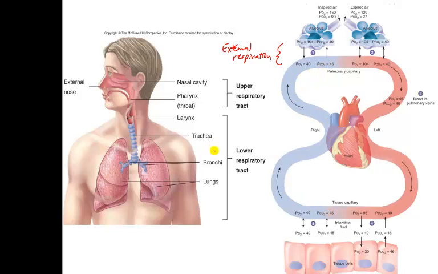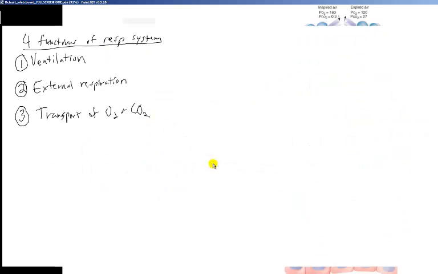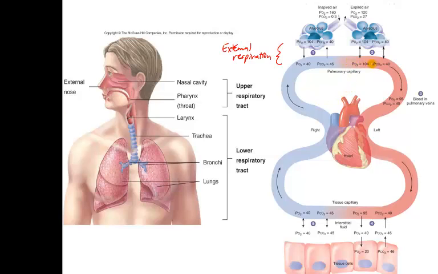So transport is critical for respiratory function. Of course, what makes it happen are structures that we don't usually think of as part of the respiratory system. Obviously, the circulatory system is responsible for transport, but you can't have respiratory function unless you have the circulation.